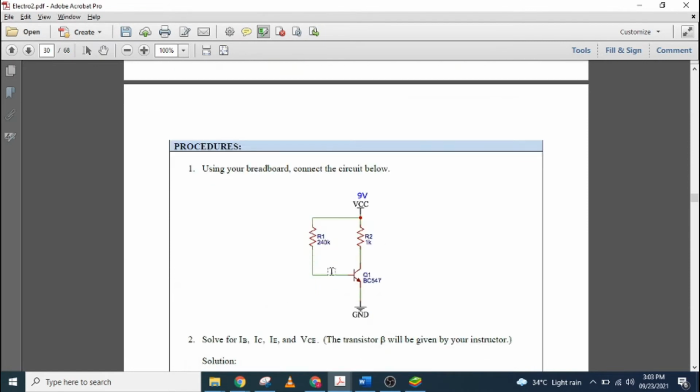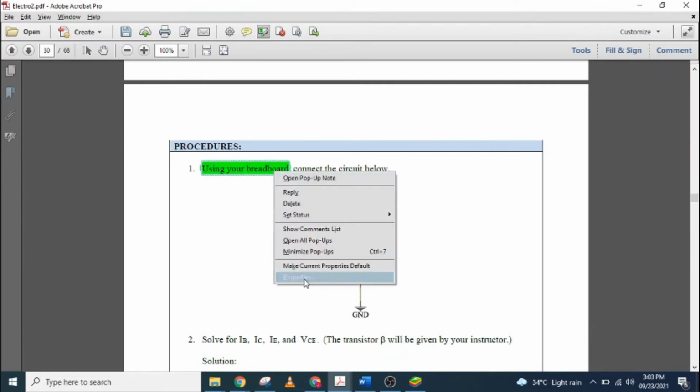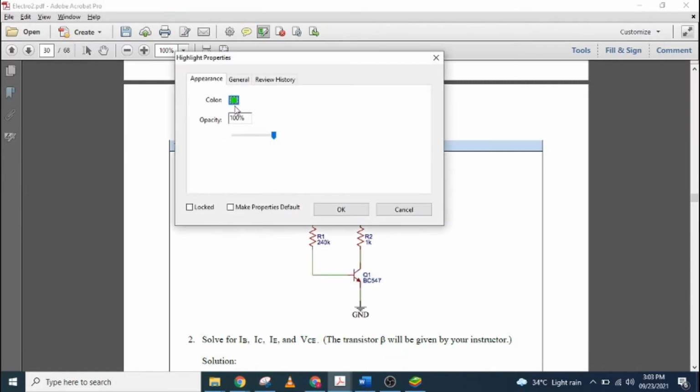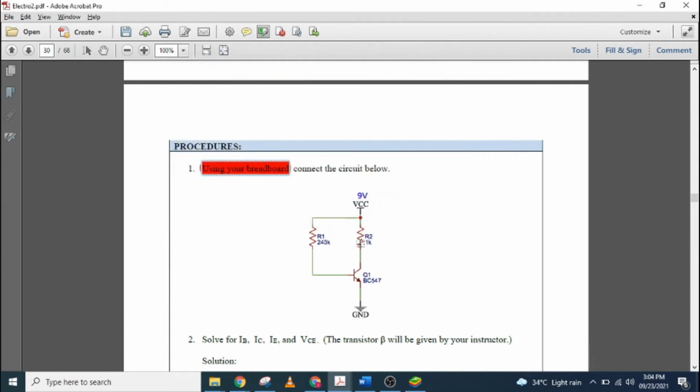So here we have our circuit. Instead of connecting through our breadboard, we will simulate it. Connect the circuit below: VCC of 9 volts, a 240K base resistor, a 1K collector resistor, and our transistor.